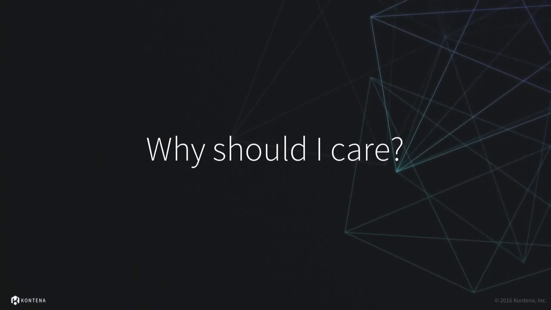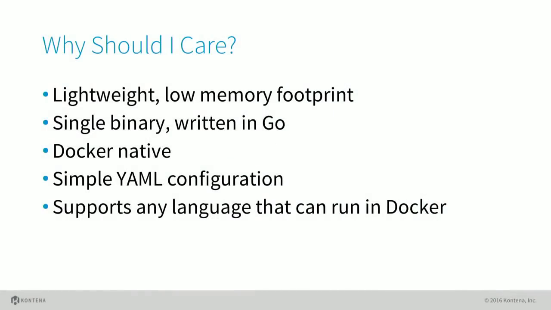Why should we care about the CI thing that much? For drone especially, it's really lightweight and low in resource usage, so it's really easy to use in any different environment. It's a single binary, written fully in Golang. And as said, it's really Docker native, so you can extend it really easily.